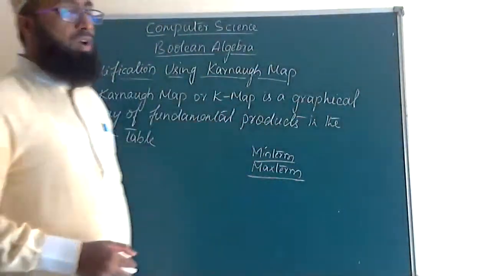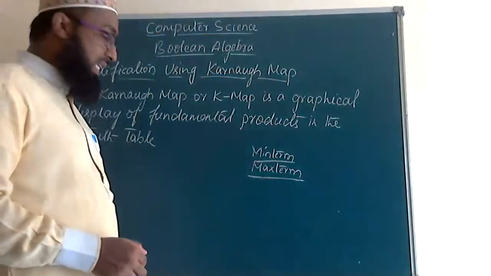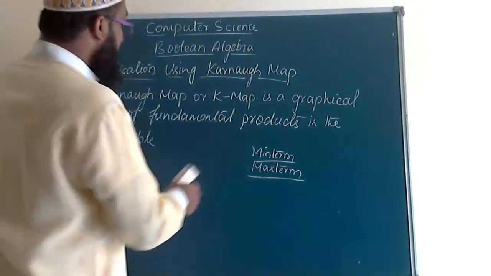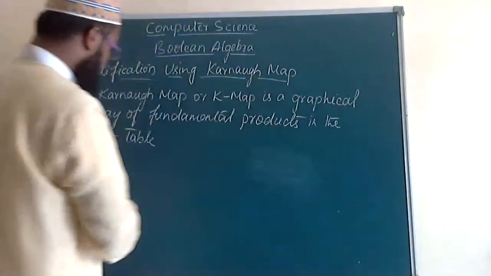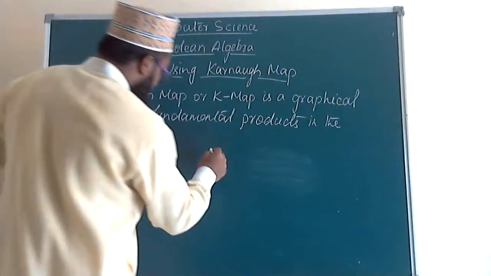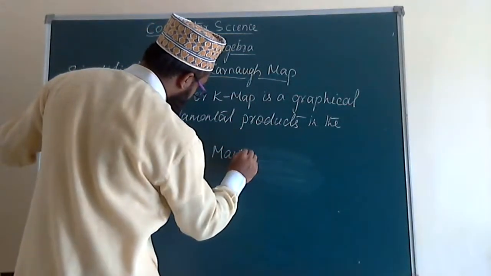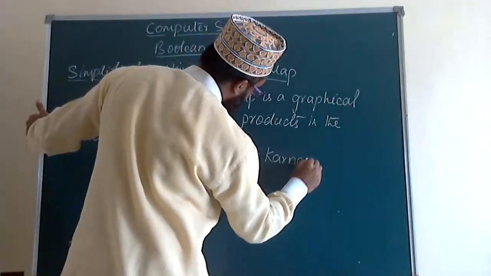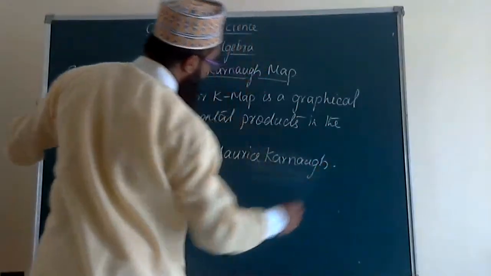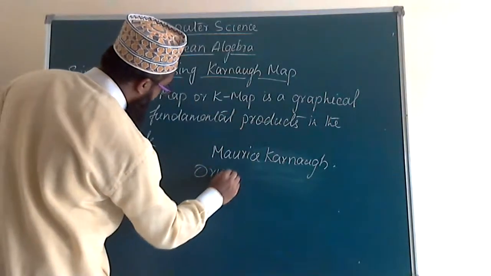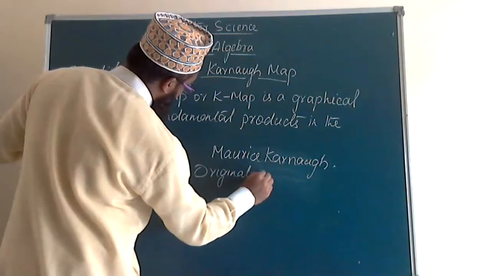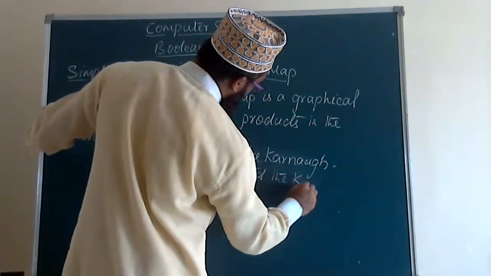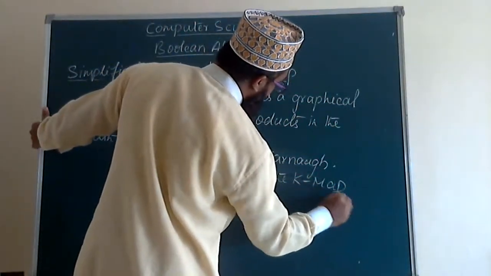So, how did this Karnaugh map come into existence? The Karnaugh map came into existence with the help of Maurice Karnaugh. He originated the Karnaugh map, or the K map.